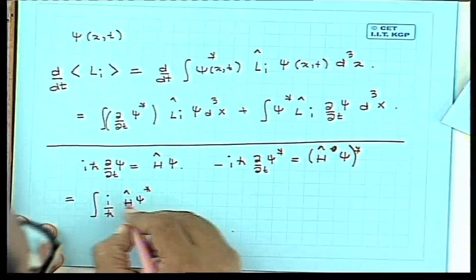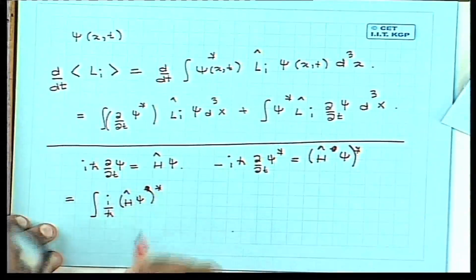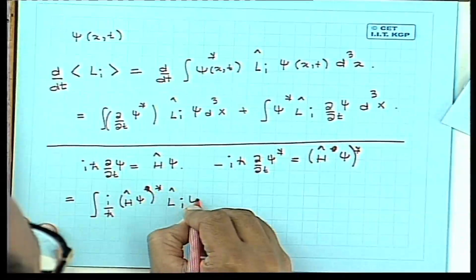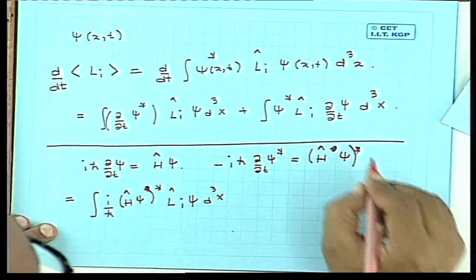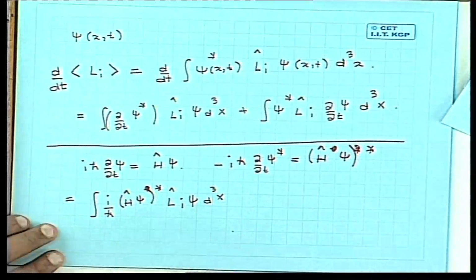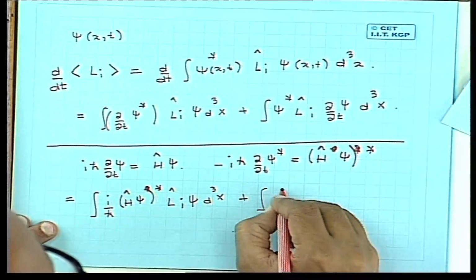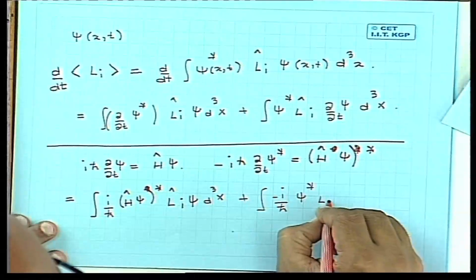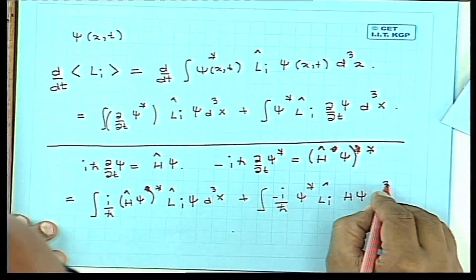Let us keep it like this, the Hamiltonian acting on psi star, and then I have Li acting on psi d cube x. I am just taking the complex conjugate of this equation, and then I have minus i by h cross psi star Li acting on H psi d cube x.